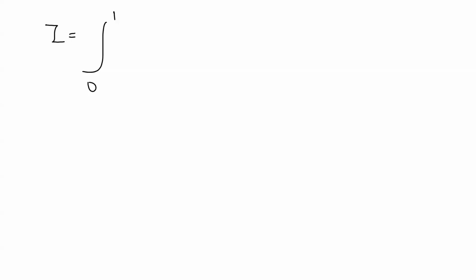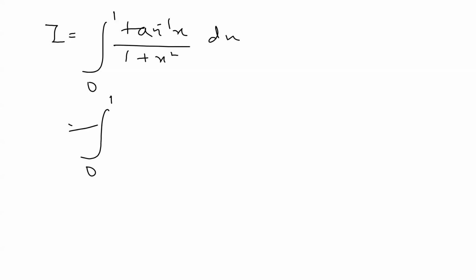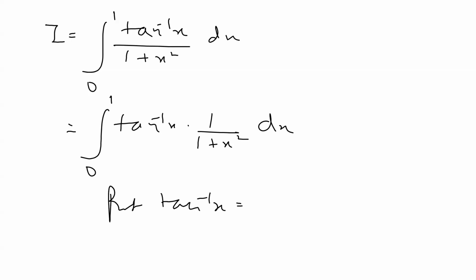0 to 1. So you are first going to express this in this way. Now put tan inverse x is equal to t. Okay. Because 1 upon 1 plus x square dx will turn out to be dt. Fine.